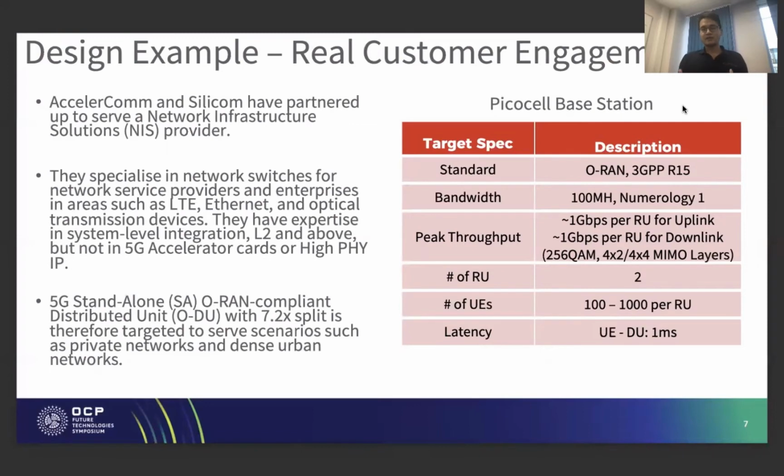And because we're talking about two different base station products, we have one with 4x2 MIMO layers, the other with 4x4 MIMO layers. And for each, we have 2 RU to go with it. And these base stations target private networks and dense urban networks scenarios.